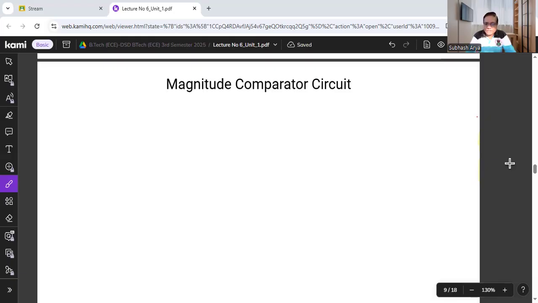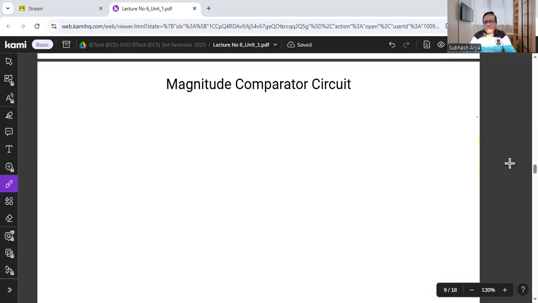So a magnitude comparator is a combinational logic circuit which compares two numbers, say A and B, and determines their relative magnitudes.